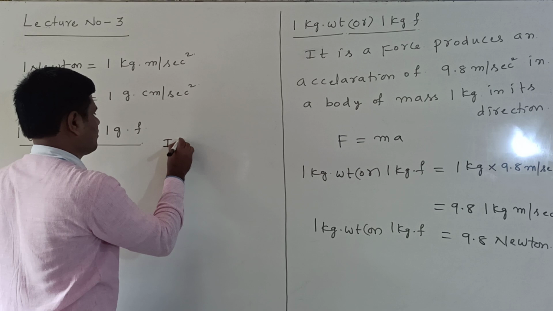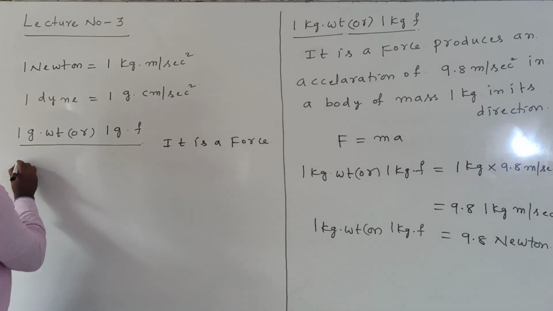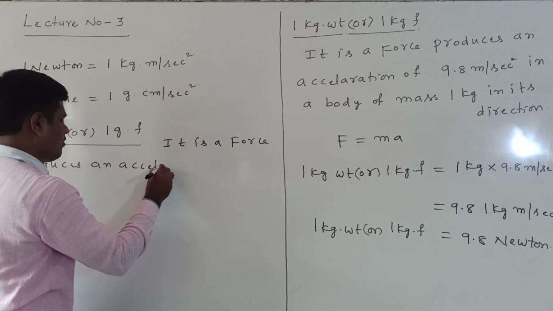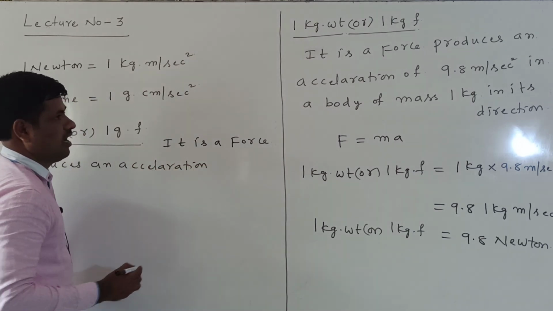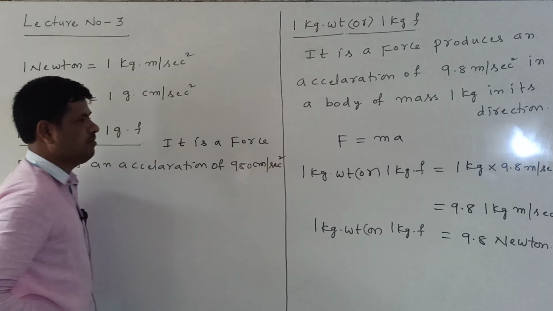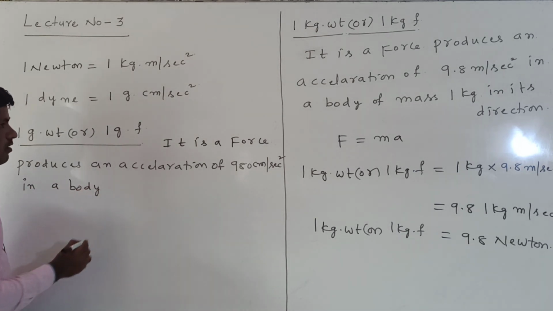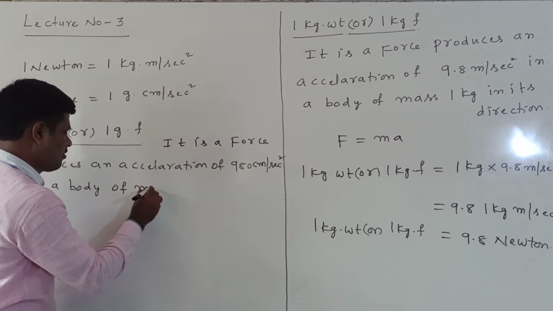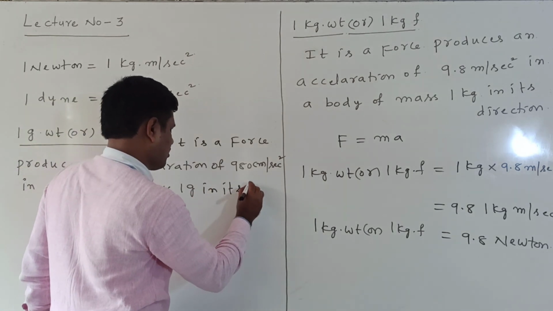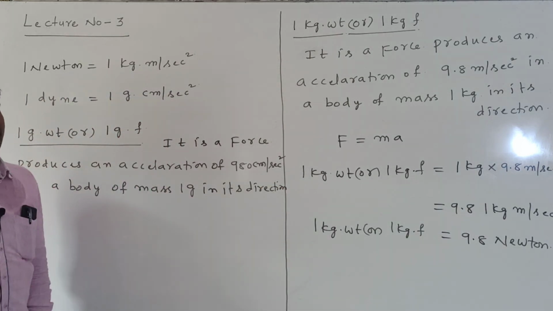It is also a force, which produces an acceleration of 980 centimeter per second square in a body of mass 1 gram, in its direction. This is called 1 gram weight or 1 gram force.